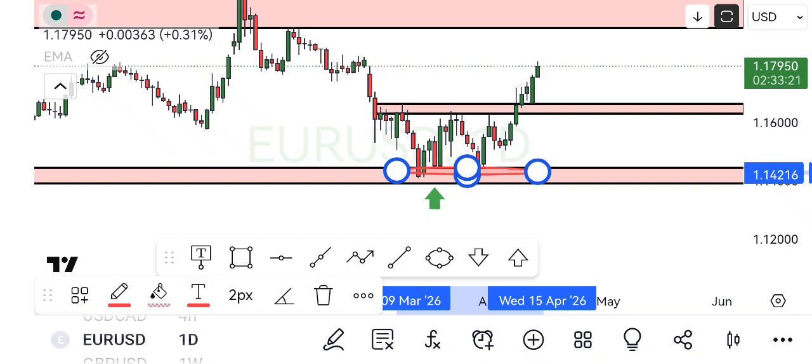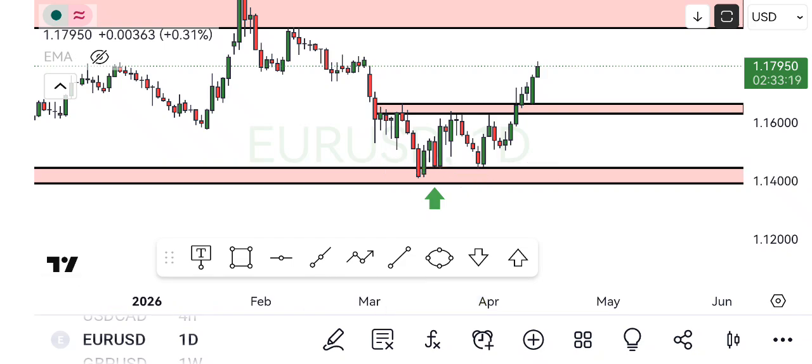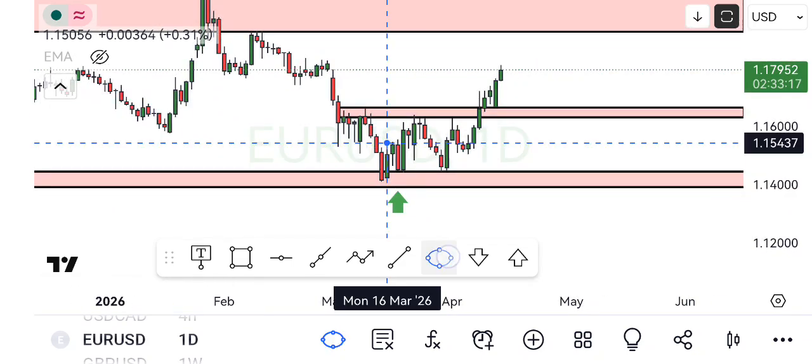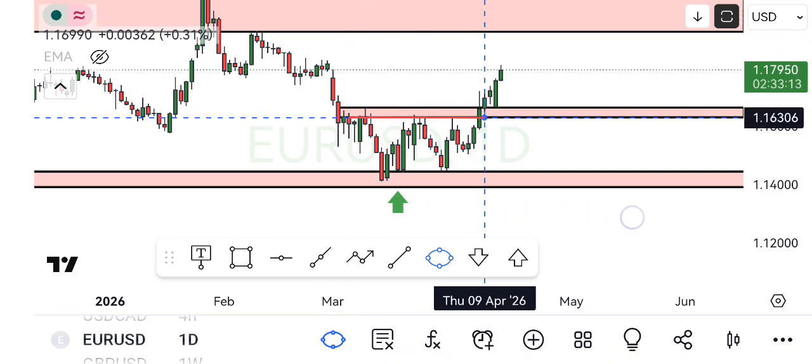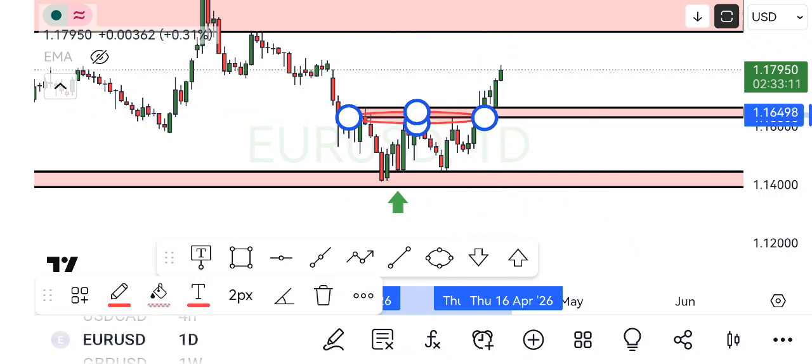Now, analyzing further, because I have to break it down, I noticed that I have this support. I have this resistance on the daily.